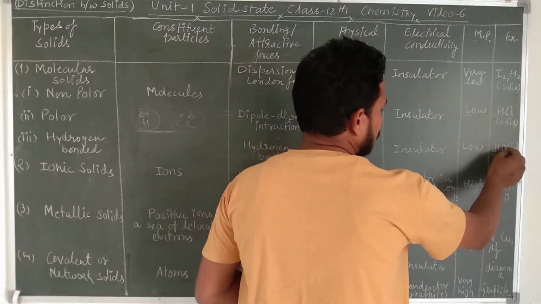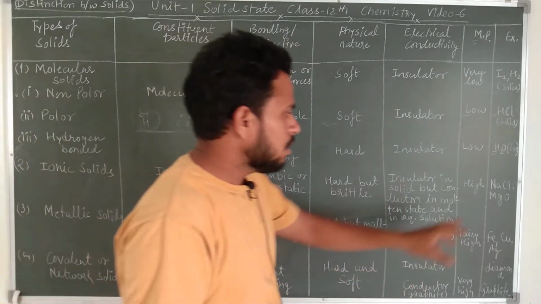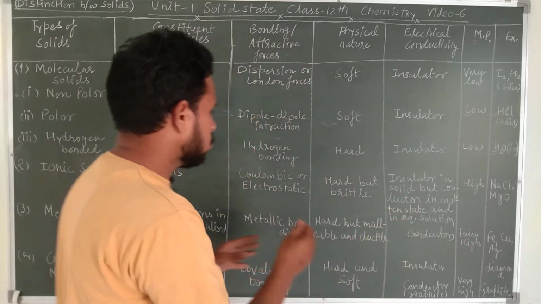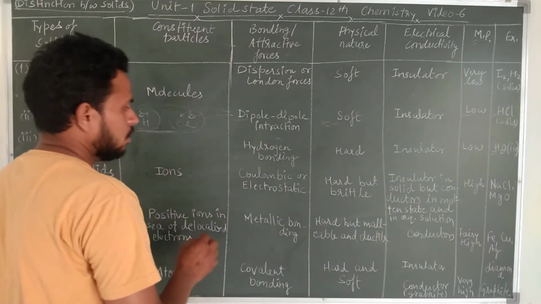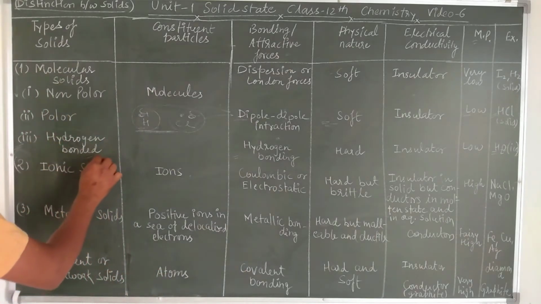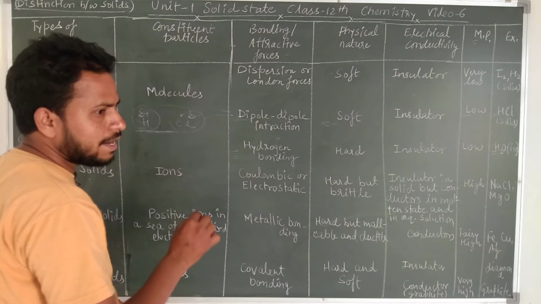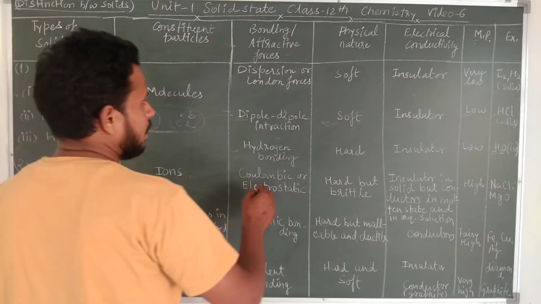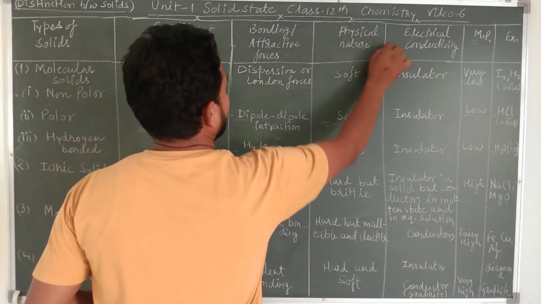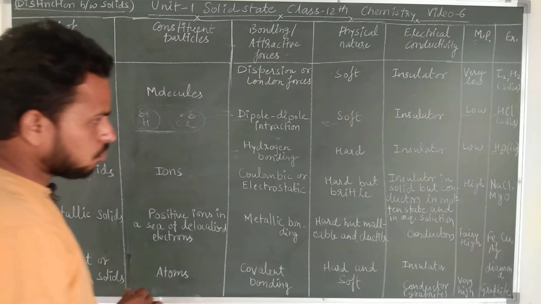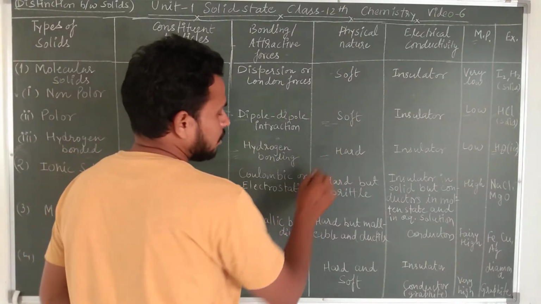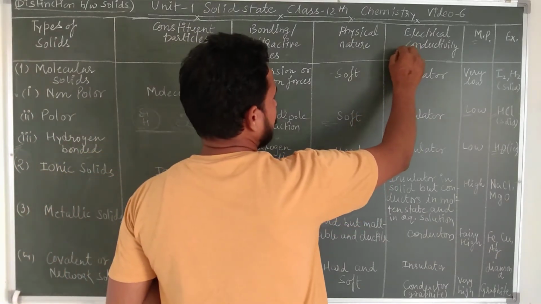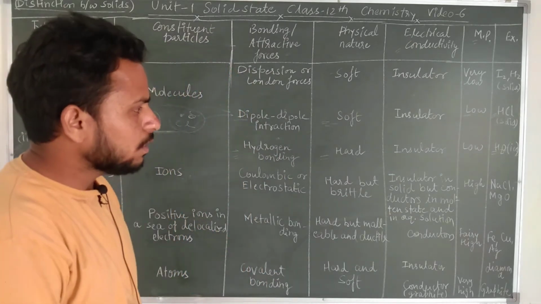Here oxygen is more electronegative and hydrogen is less electronegative, so when hydrogen connects with oxygen, a hydrogen bond forms. In hydrogen bonded molecular solids, the force of attraction is between hydrogen and an electronegative atom such as oxygen, fluorine, etc. In physical nature they are hard, and in electrical conductivity they are also insulators.